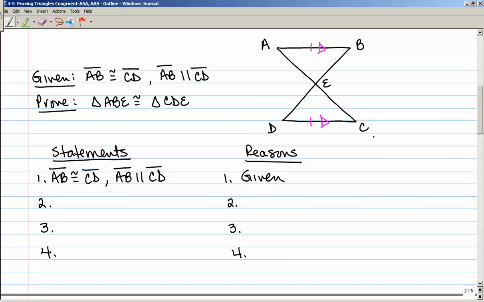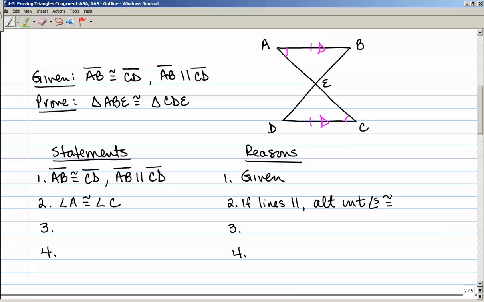So I think what that means is that I can say that angle A is congruent to angle C, and I'm going to go ahead and mark those, because if AB and CD are parallel and AC is my transversal, then angles A and C are alternate interior angles. If the lines are parallel, then alternate interior angles are congruent.